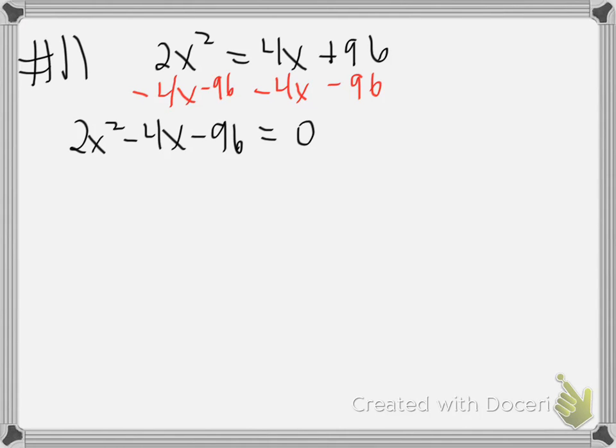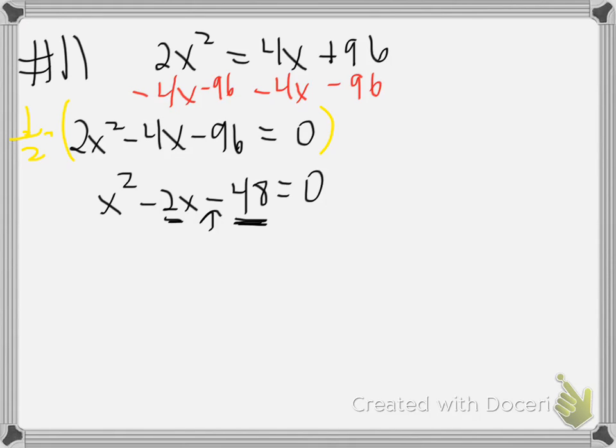Well, it'd be really convenient if we just divided everything, or multiplied everything, by 1/2. Okay? So when you do that, I can multiply by half or divide by 2 to everything. I'm going to get x squared minus 2x minus 48. So now I need to ask myself, what are the factors of 48 that subtract to 2?